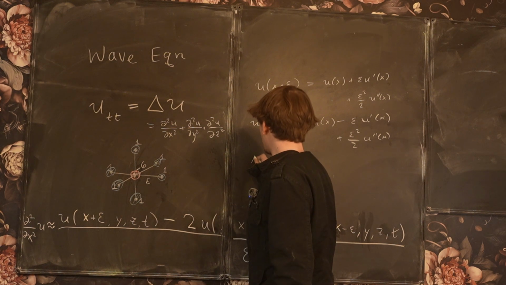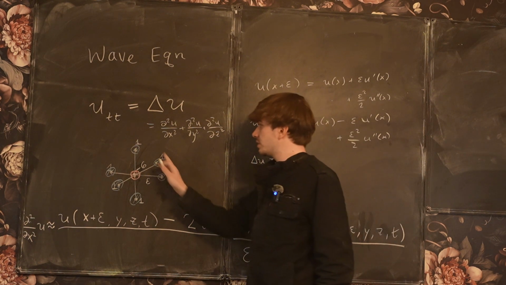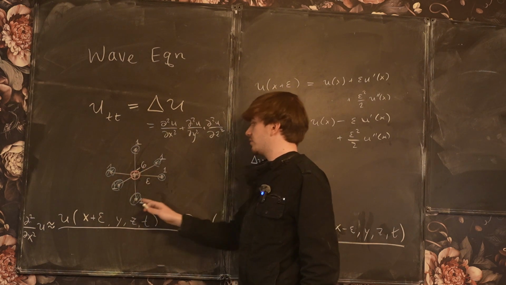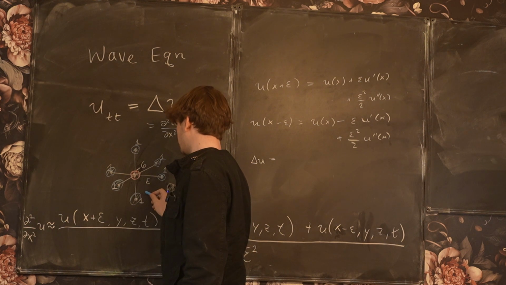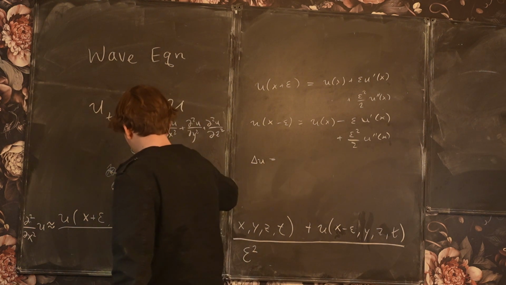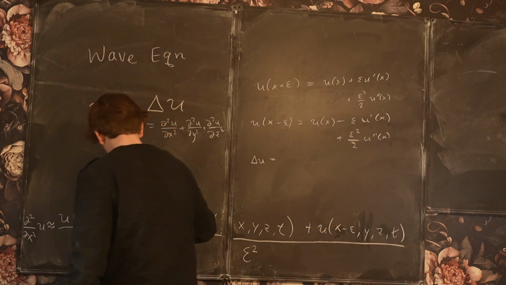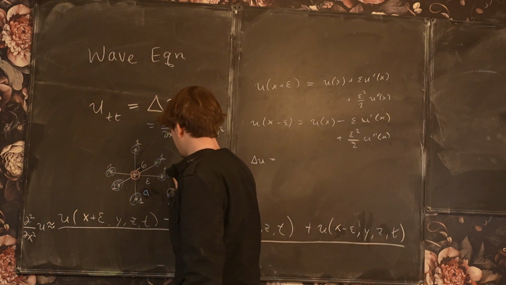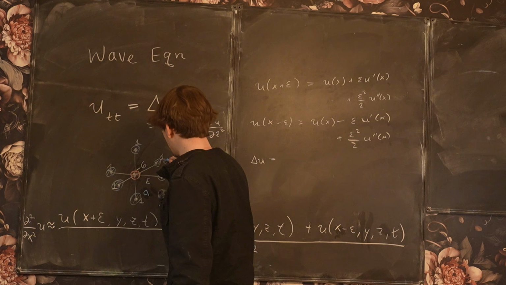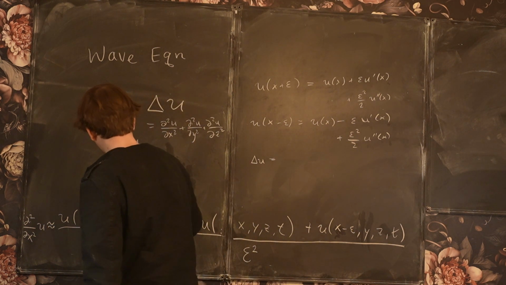Well, we know that the Laplacian of u is going to be equal to this sum of the outside values. Let's call this outside value capital A or lowercase a. This is the value taken at the neighbors, here, here, and here.